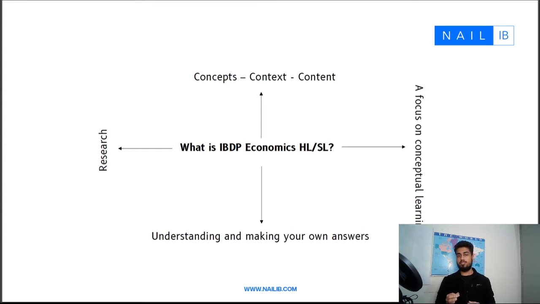And you will use that justification by integrating concepts, content, and context. As I've already mentioned, concepts, the 9 key frameworks, context is the real life examples, and content is your own answers. So that is essentially how IB wants you to make your own answers and not give the same old boring answers that everyone wants you to write. They won't fetch you marks, and they sure won't impress the examination invigilators, right?